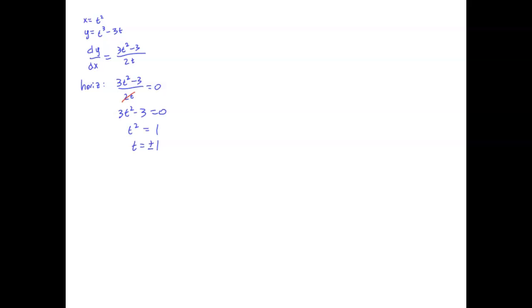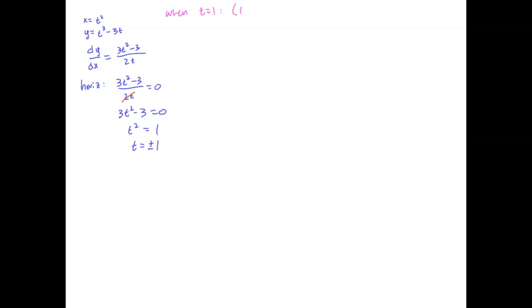All right. So now we don't just want values of t. t is our parameter. We want x, y coordinates. So I'm going to take both values of t and plug it into my parametric equation. So let's just start with t equals 1. When t is 1, if I plug it in for x, I just get 1.